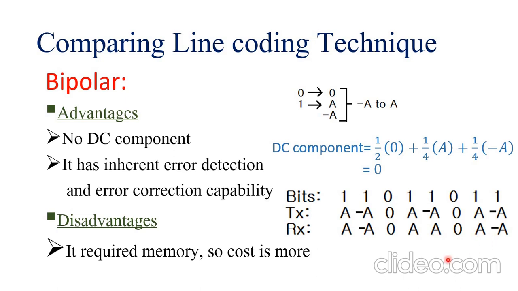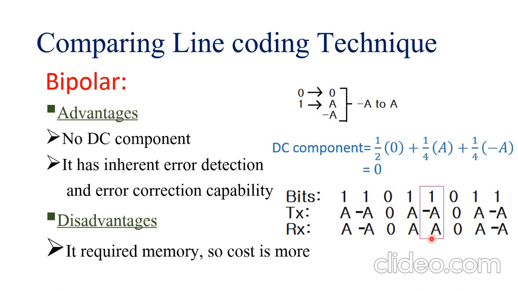Now over here, one can observe this bit is getting differ. But as per pseudo ternary code, one can understand that after A, there should be minus A. It cannot be A. So it means we can identify there is an error in this bit.